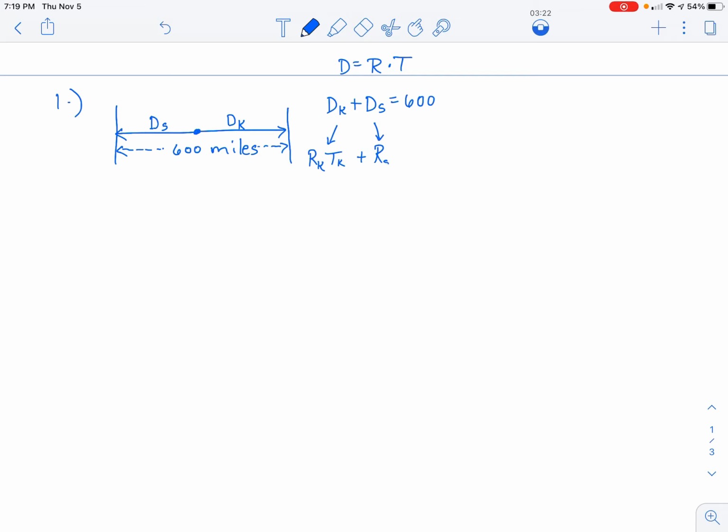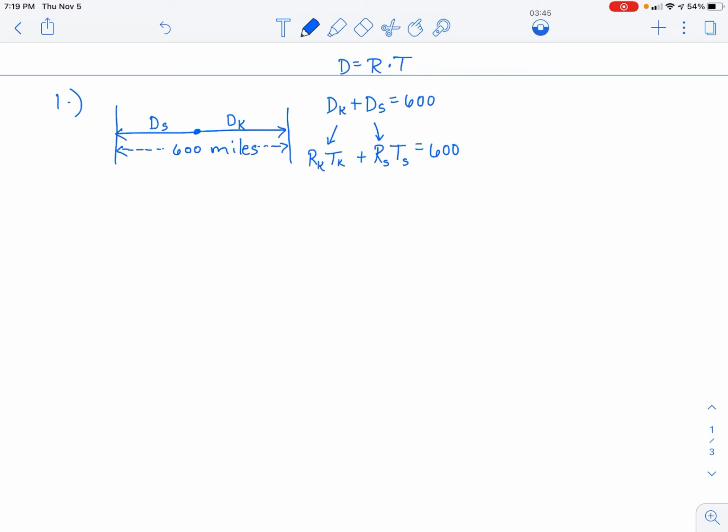The rate of the sister times the time of the sister would equal 600. And we need to break it up like that because we're given certain parts to the story, like we know the rate of the sister, we know the time of the sister, and we know the time of Karen. So we need to take that distance and break it up into rate times time so that we can fill in some pertinent parts here.